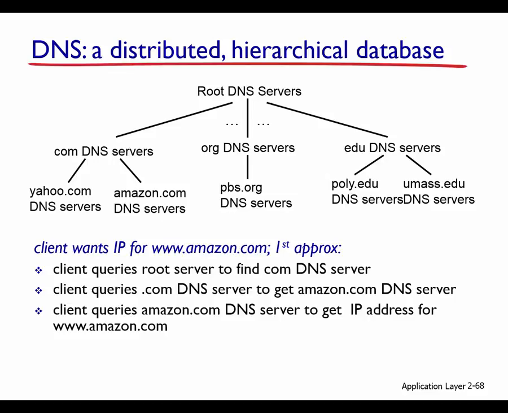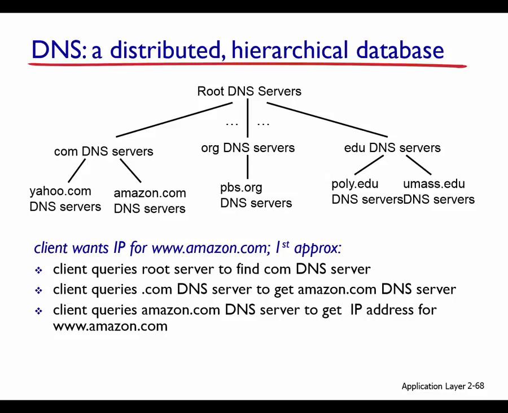Under the root DNS server are your major servers: the .com, .org, .edu DNS servers, etc. Each of those servers points to particular servers under them. The .com DNS server points to, for example, the Yahoo and Amazon.com DNS servers. The .org DNS server points to pbs.org, and the .edu DNS server points to the poly.edu and umass.edu DNS servers.